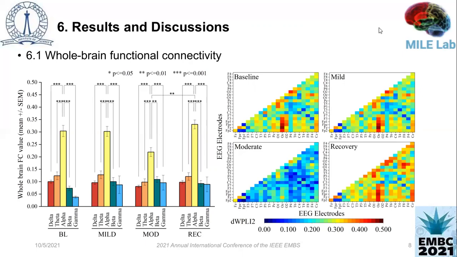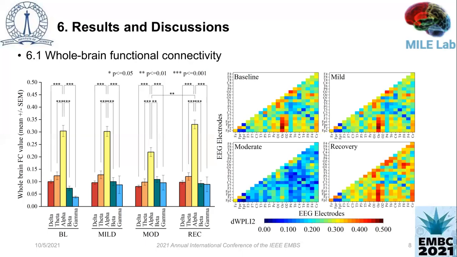This observation warranted a more detailed investigation of connectivity in the alpha band, which is what is presented on the right. So this is the grand average alpha band connectivity map of 20 subjects during 4 stages of sedation study. From the map, we can see that the loss of consciousness during moderate sedation is accompanied by a decrease in the cortico-cortical connectivity from frontal to parietal and occipital regions of the brain.